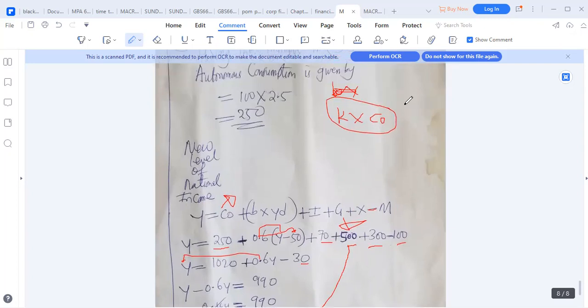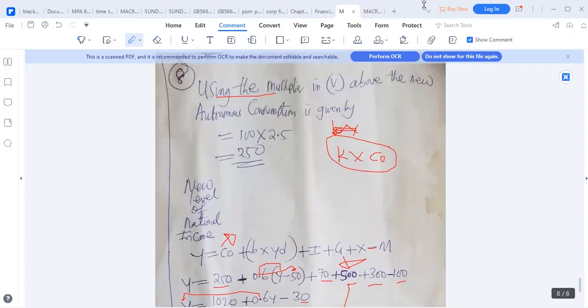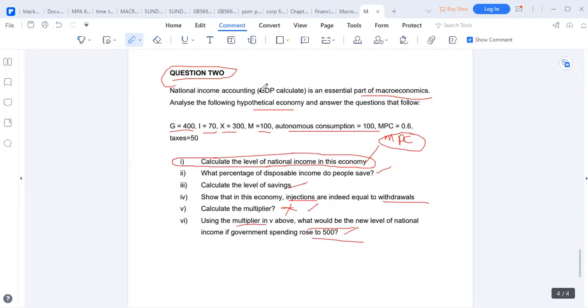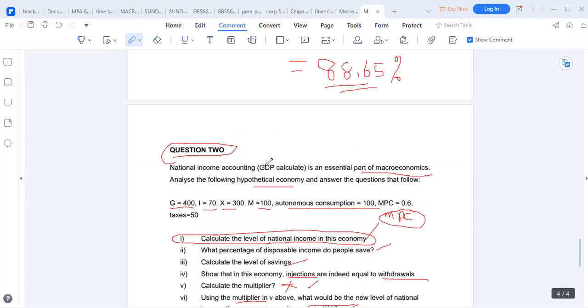Okay, so this marks the end of the question, where we are looking at national income accounting for the gross domestic product, where we are aggregating the autonomous consumption, the imports, exports, the investment, and the government spending. Initially it was 400, now it has gone to 500. So that is question 2.